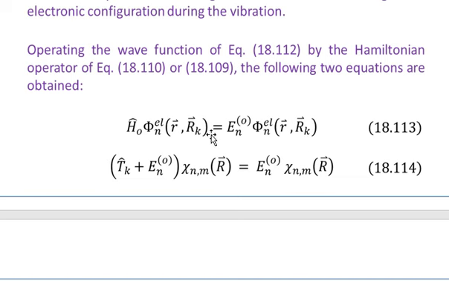So you see that when you use equation number 113 in one of the previous equations, you will obtain equation number 114.